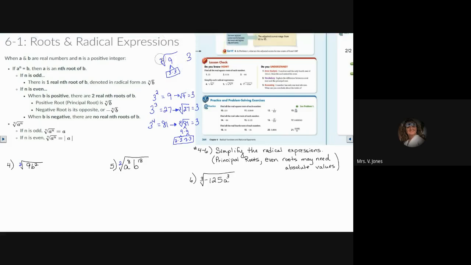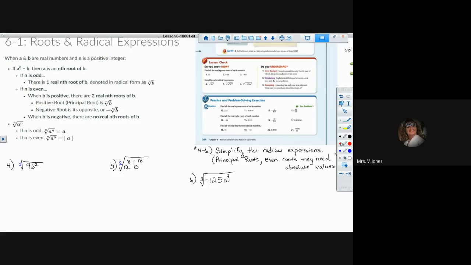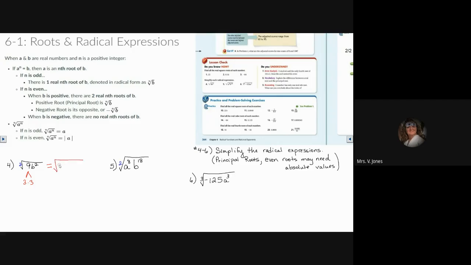All right, so let's get rid of some of that stuff so we can focus on 4, 5, and 6. We're taking the square root of 9b squared. Okay, so if we're going to look at 9, we do a factor tree, and we get 3 times 3. So I'm going to rewrite this as 3 times 3, and then b squared breaks down to b times b.